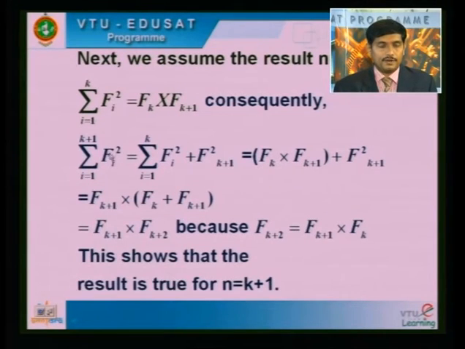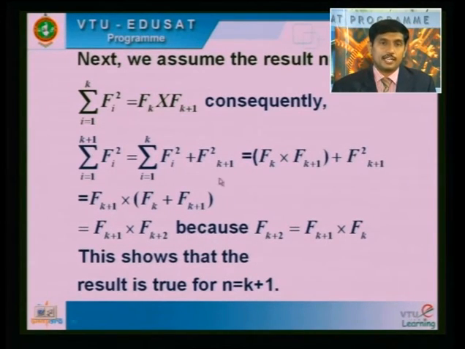Here we started by splitting this: the summation for i running from 1 to k of fi squared, plus f of k plus 1 the whole square. Then this is already assumed to be known, that is fk into f of k plus 1.